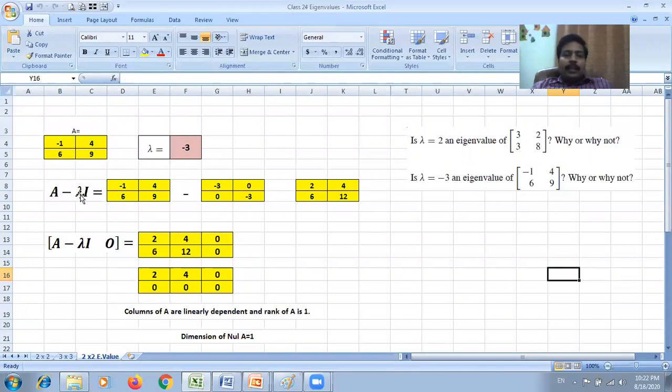So this is A minus lambda I. This is A, and this is lambda I. We are subtracting this from this one. -1 minus of -3 is 2. 4 minus 0 is 4. 6 minus 0 is 6. 9 minus of -3 is 12. So this is my A minus lambda I. This is the augmented matrix [A minus lambda I | 0].